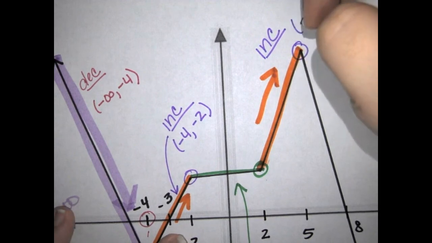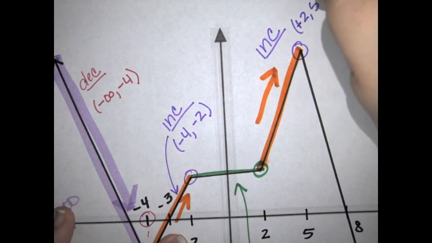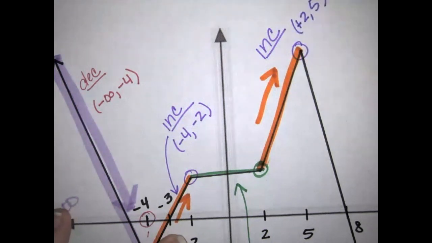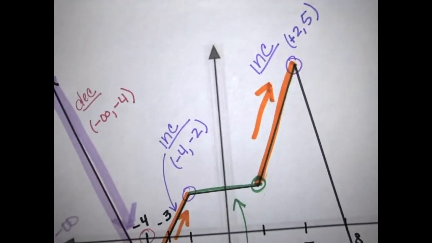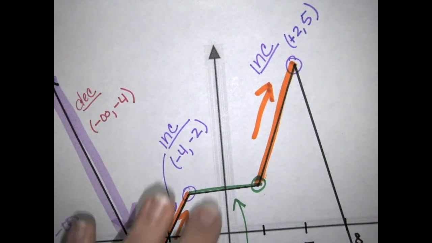So this is going to be +2 to 5. Sorry about that. And then notice when we got all the way there, we've changed directions yet again.